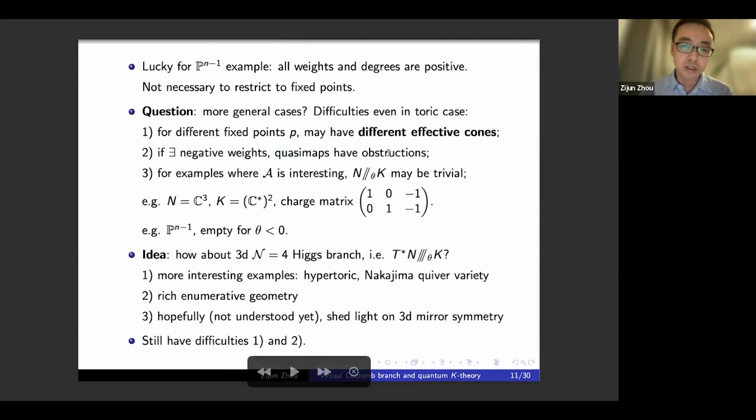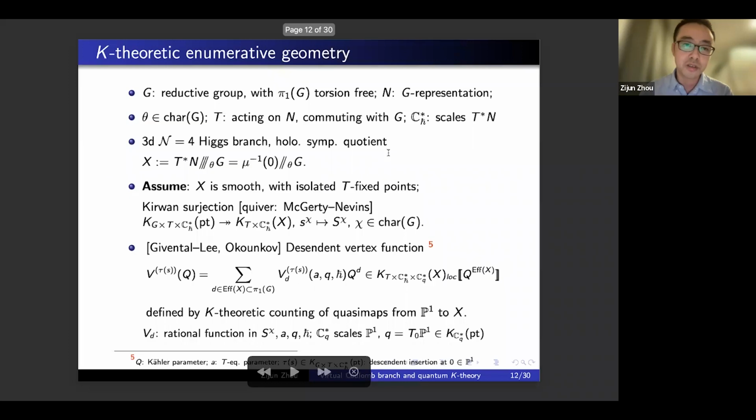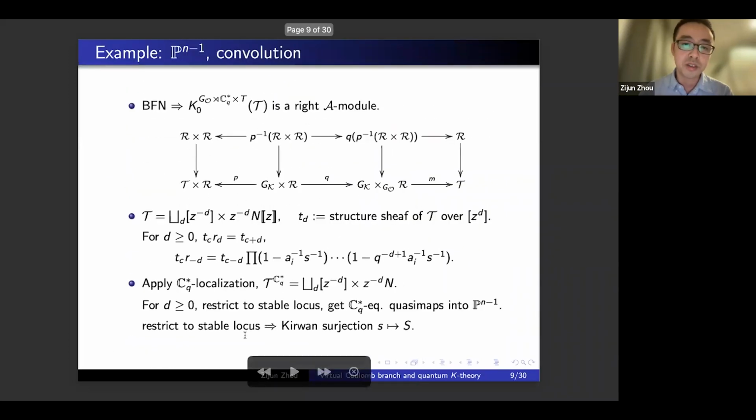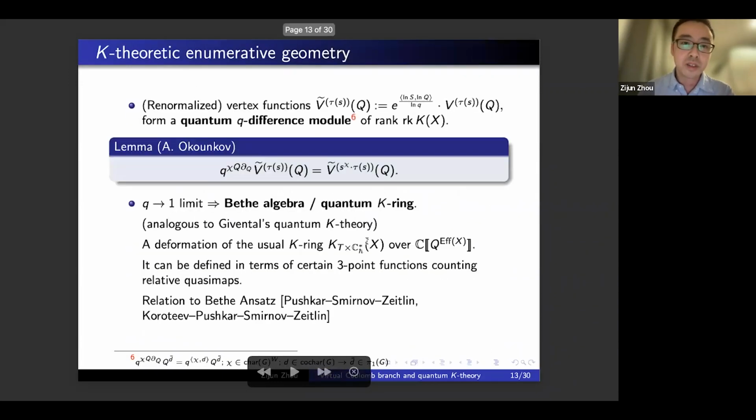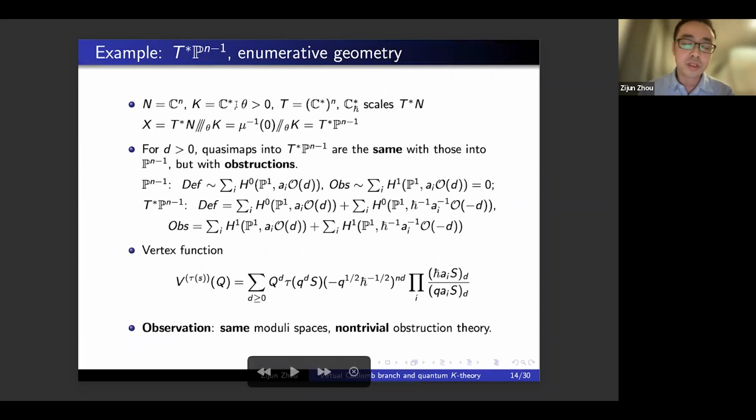And in this geometric construction of this module, you have to deal with the obstructions of this moduli space of quasi maps. Here, what happens is that if you consider this hyperkähler quotient, then you always get obstructions.